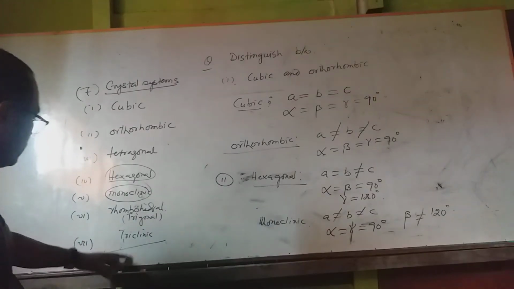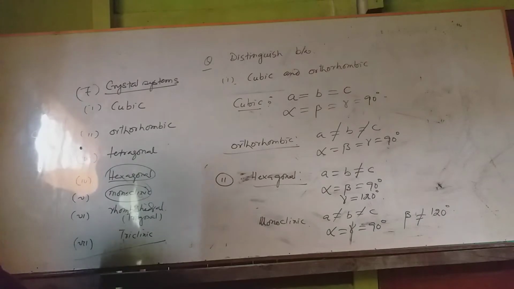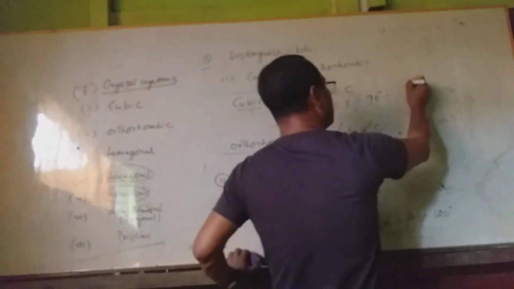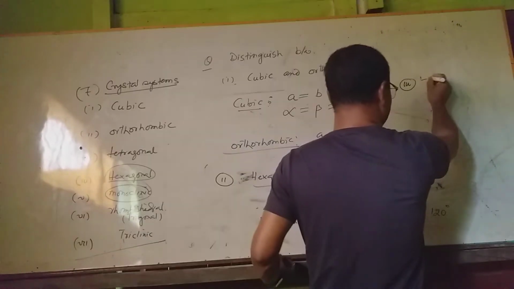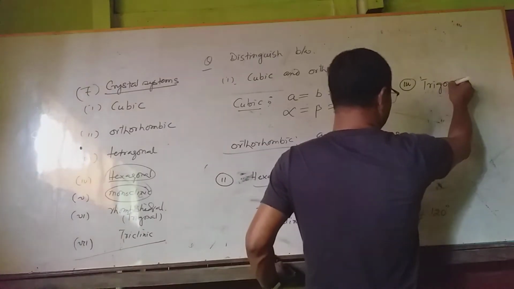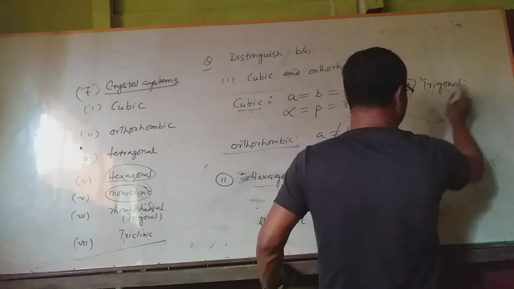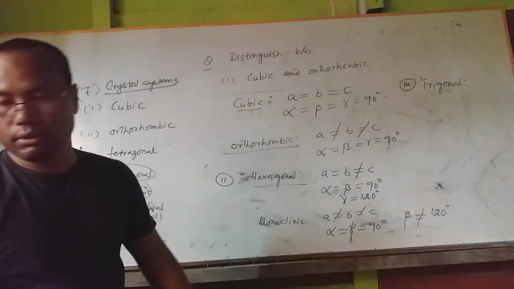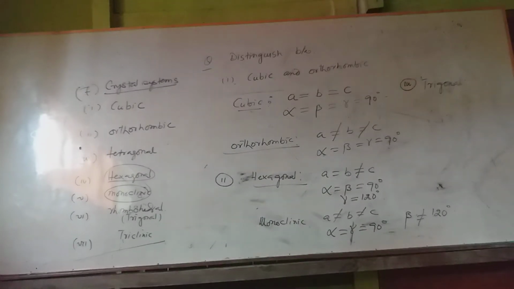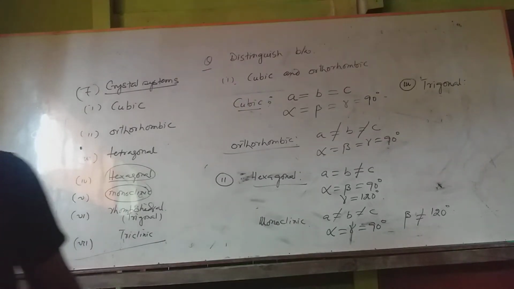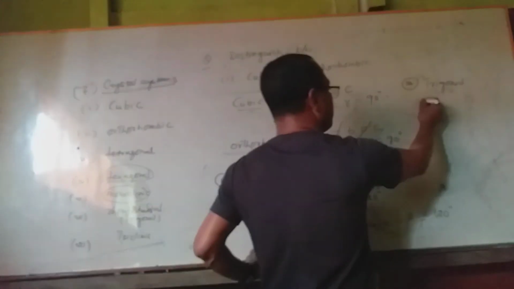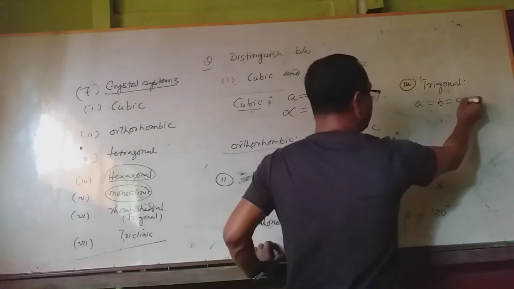Then come to the trigonal and the triclinic. Here I write number 3, trigonal. You can compare with the books. I think in your book, in the table it's given here. So trigonal, as we know, all these three sides are the same.